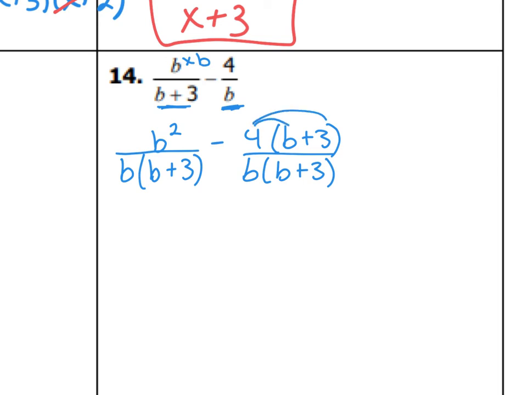On this one, I'm going to distribute out the -4, so I'll have b squared minus 4b minus 12 over b times b plus 3.